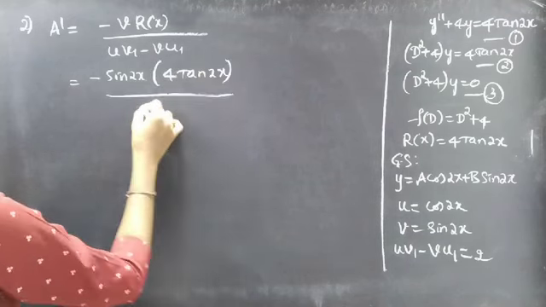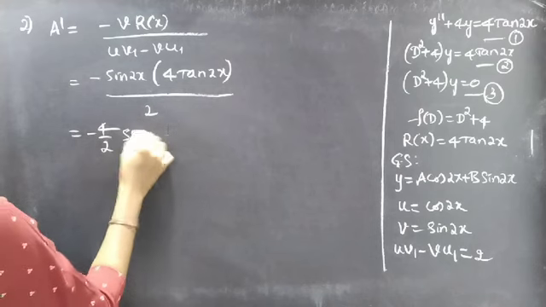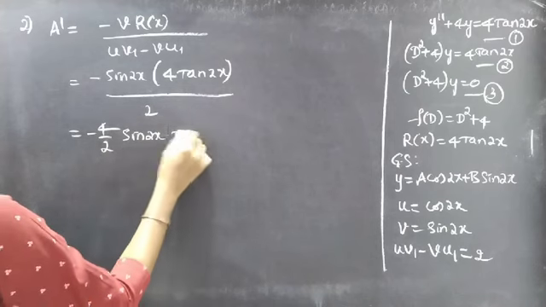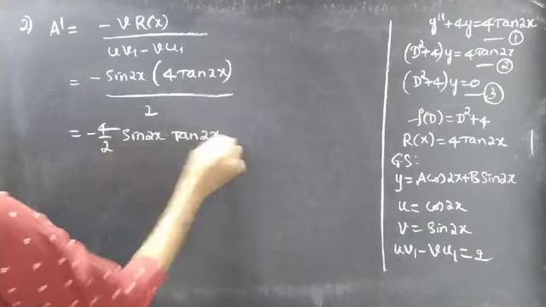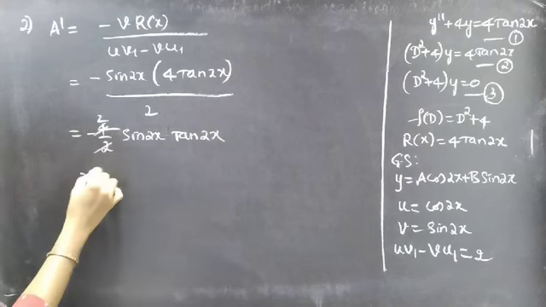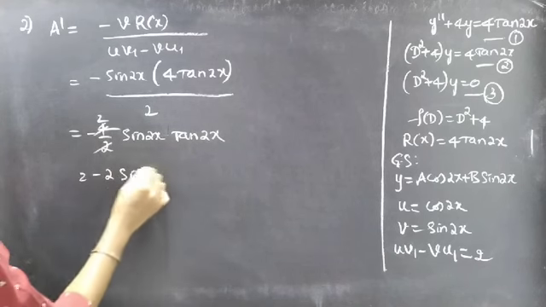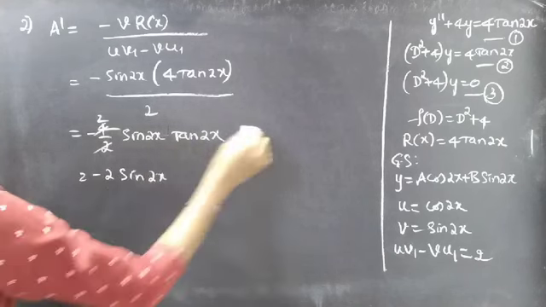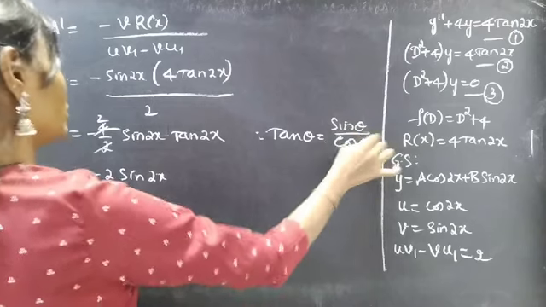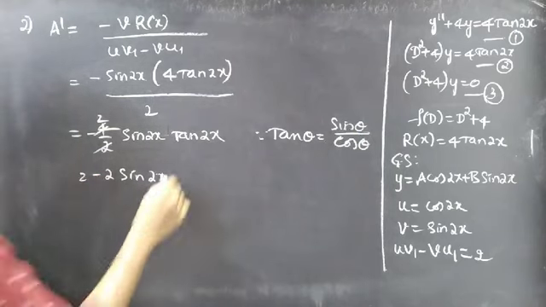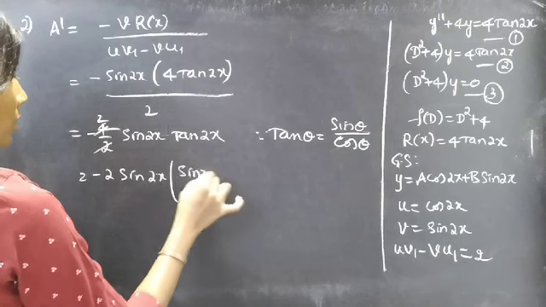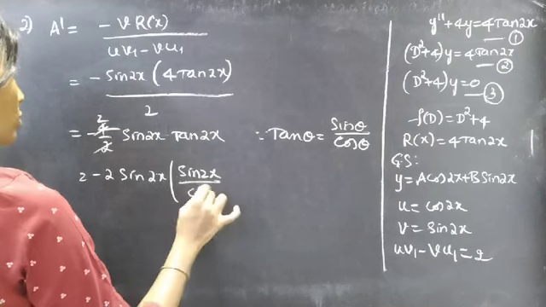This equals minus 4 by 2 into sin 2x into tan 2x. This gives minus 2 sin 2x into, since tan theta equals sin theta by cos theta, we can write tan 2x as sin 2x by cos 2x.